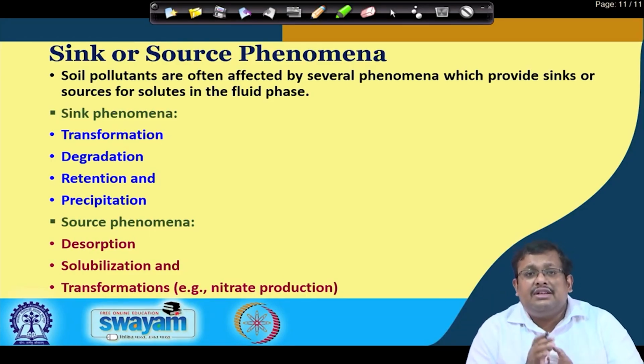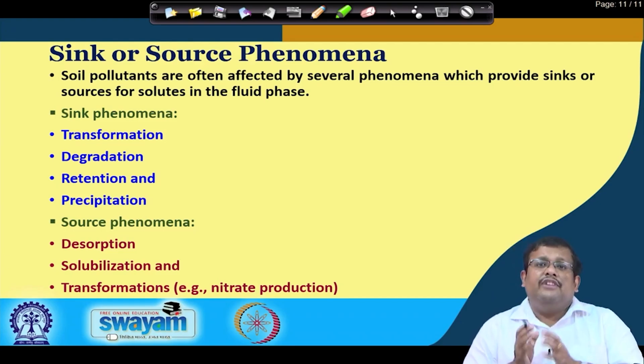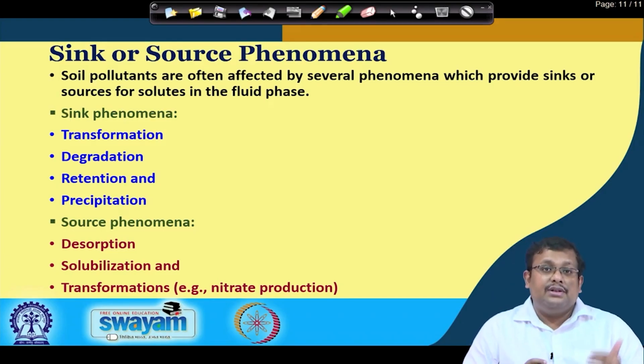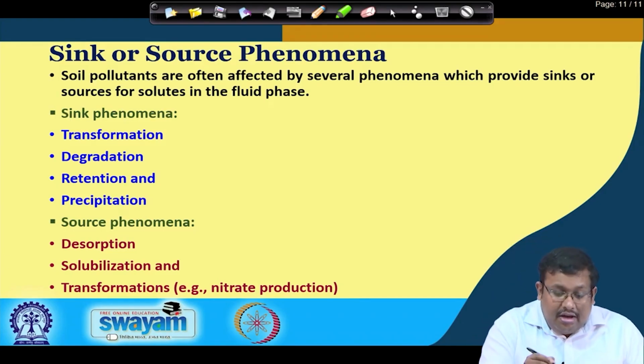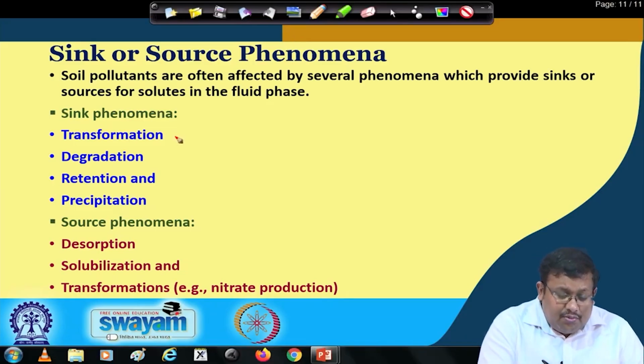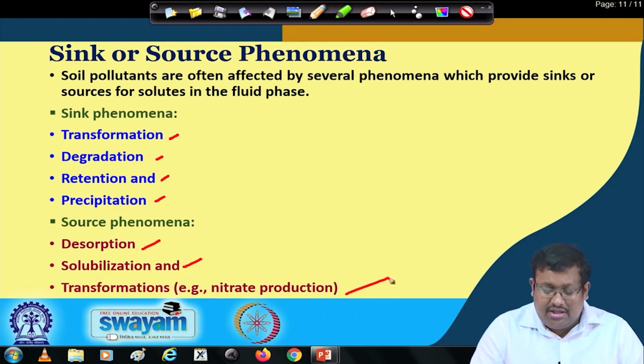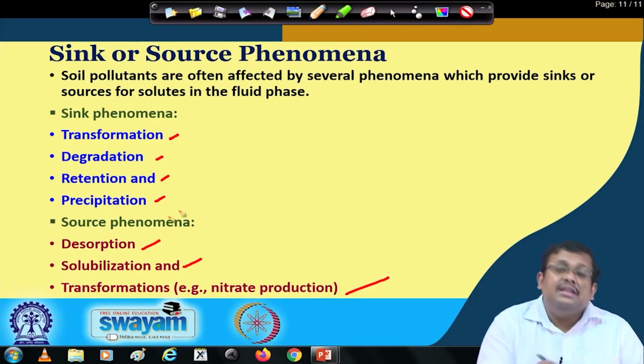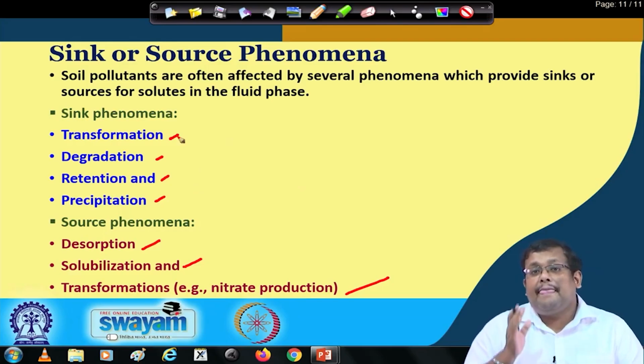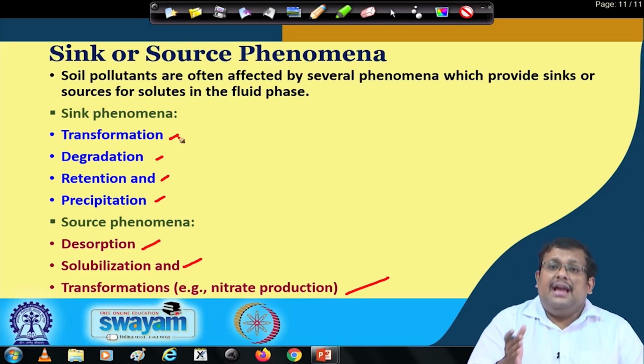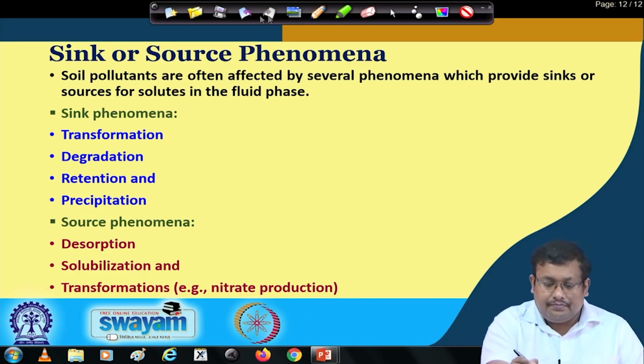So, let us see in the pollutant transport and fate models, what are the different sink phenomena and source phenomena. Now, in the different sink phenomena, transformation, degradation, retention and precipitation are important. However, in different source phenomena, desorption, solubilization and transformation, for example, nitrate production, are very, very important, and all these are playing an important part in the description and execution of the pollutant fate and transport models.